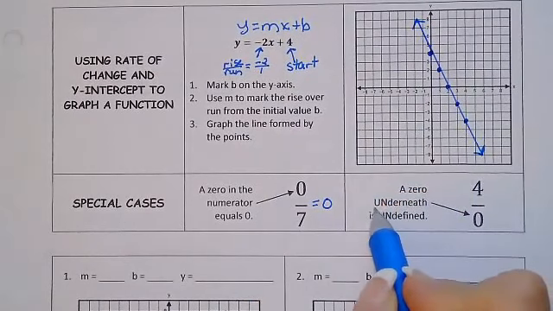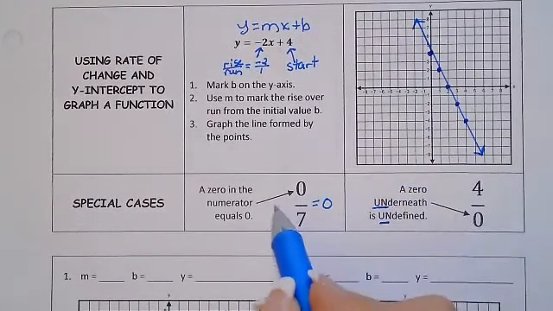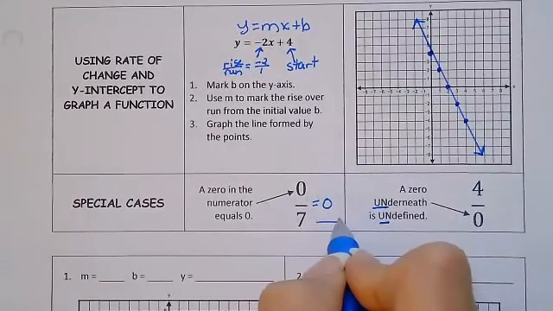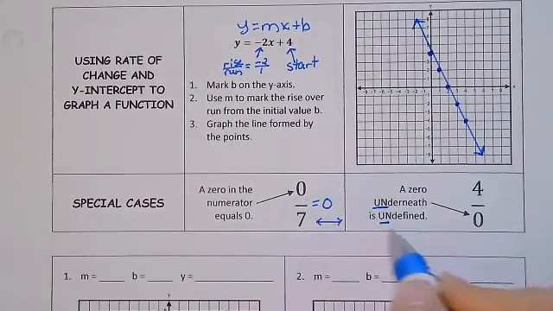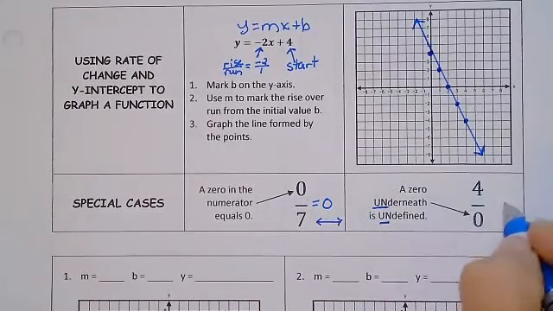If a 0 is underneath, if it's in the denominator, it is undefined. So if we were to graph this, a 0, the line would look like this. And if we were to graph this, the line would look like this.